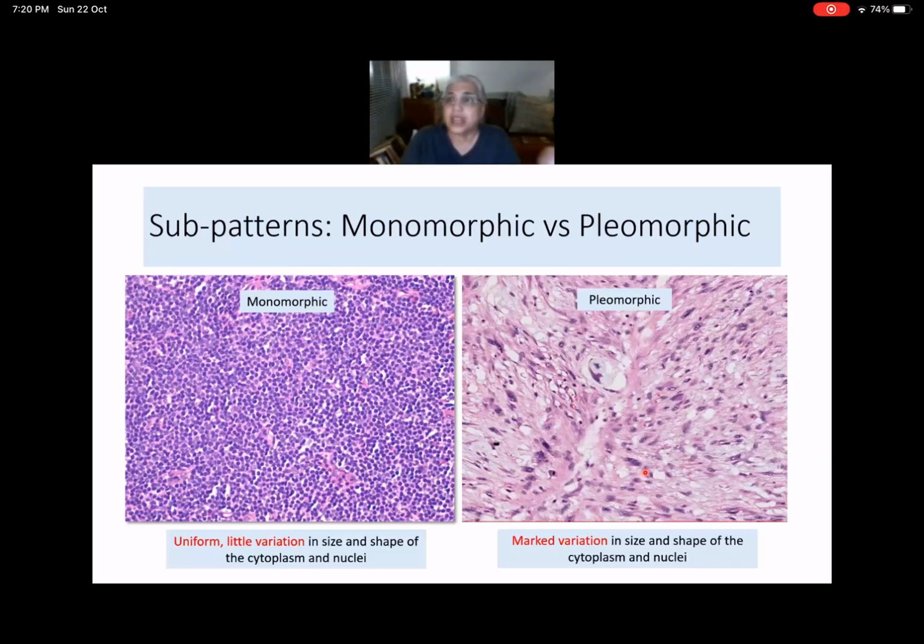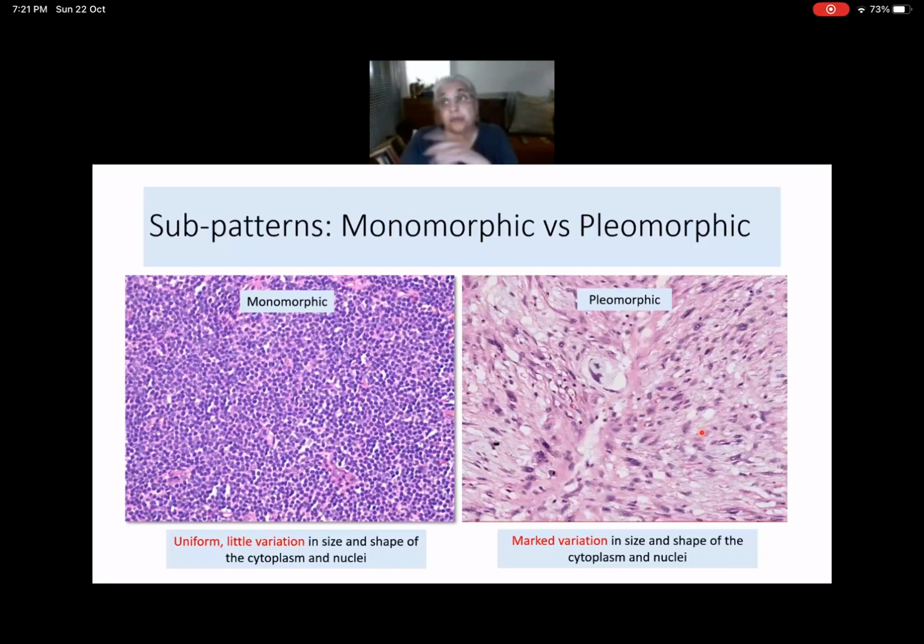So saying there is moderate pleomorphism, or mild pleomorphism, doesn't mean anything. Is it pleomorphic? Then it must have marked variation in size and shape. So using this word loosely is, to me, not the appropriate use of the word pleomorphism.